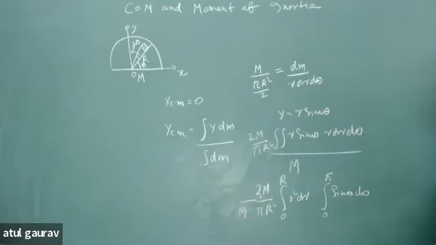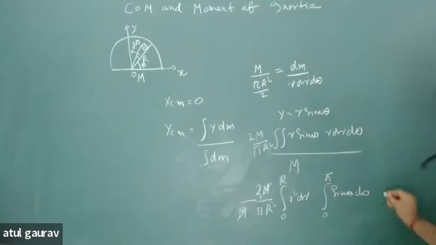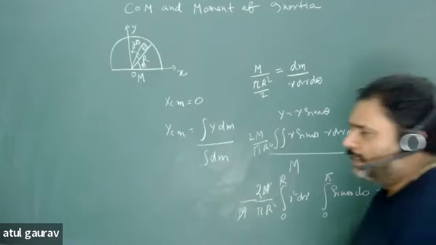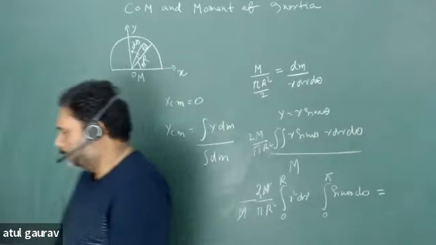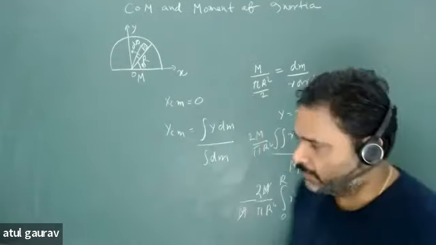So everything is okay. This m cancels out. And what will you get? The integration of sine theta d theta from 0 to pi will be 2, isn't it? That value is 2.